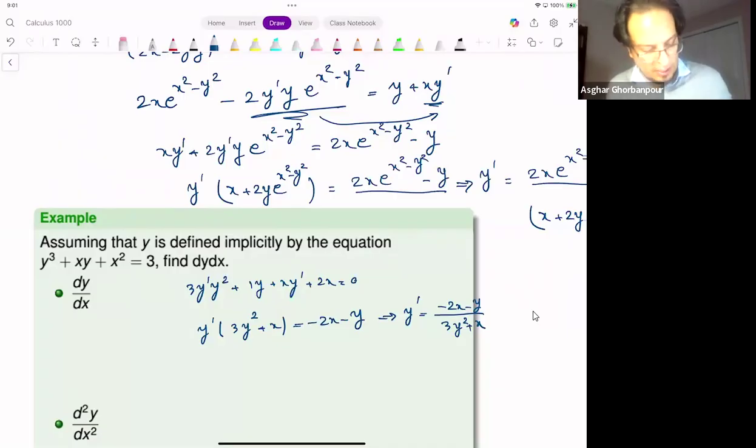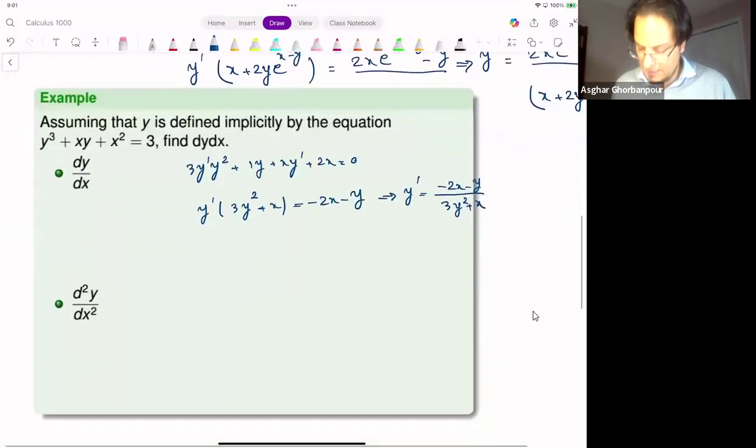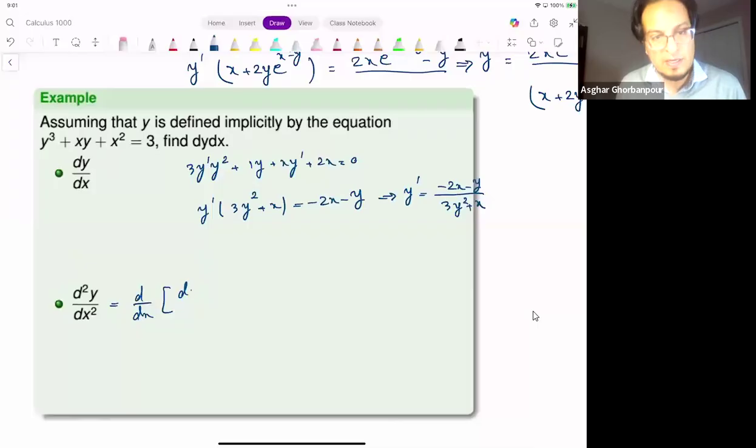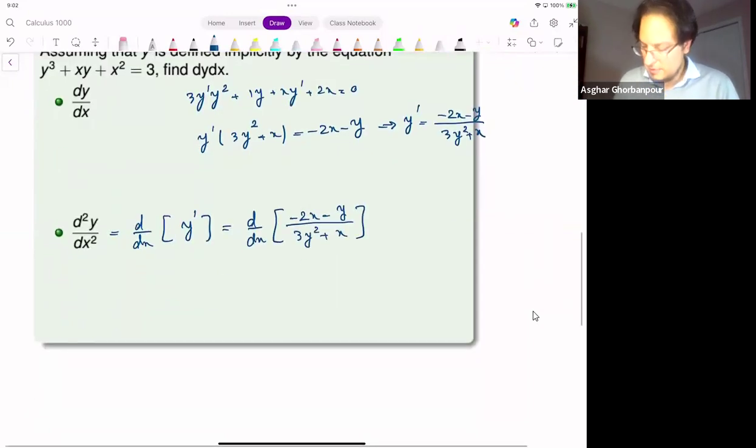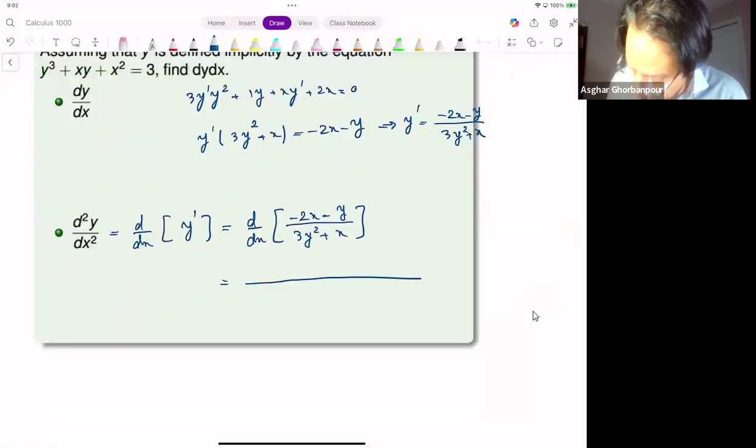Now, the part that I want to say here is that I want to find the second derivative. Remember, the second derivative is nothing but the derivative of the first derivative. Or maybe I should write d dx of y prime. And d dx of y prime is here, minus 2x minus y over 3y squared plus x. Yes, now I have a quotient rule to apply.